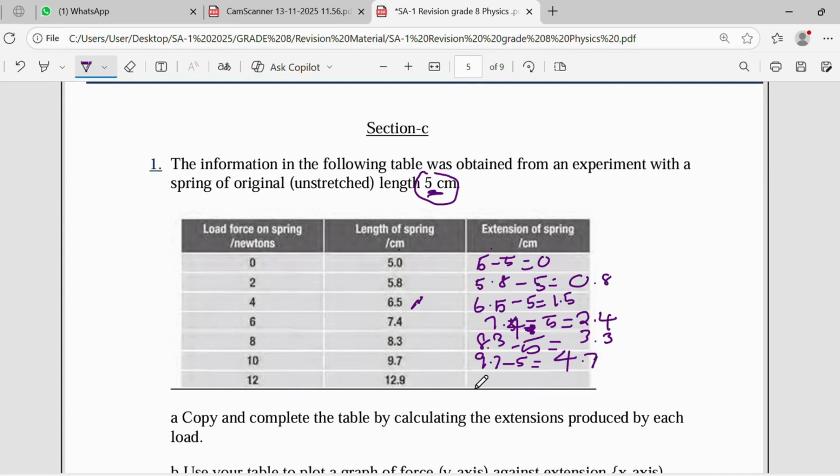Next we have 12.9 minus 5, we'll get 7.9.